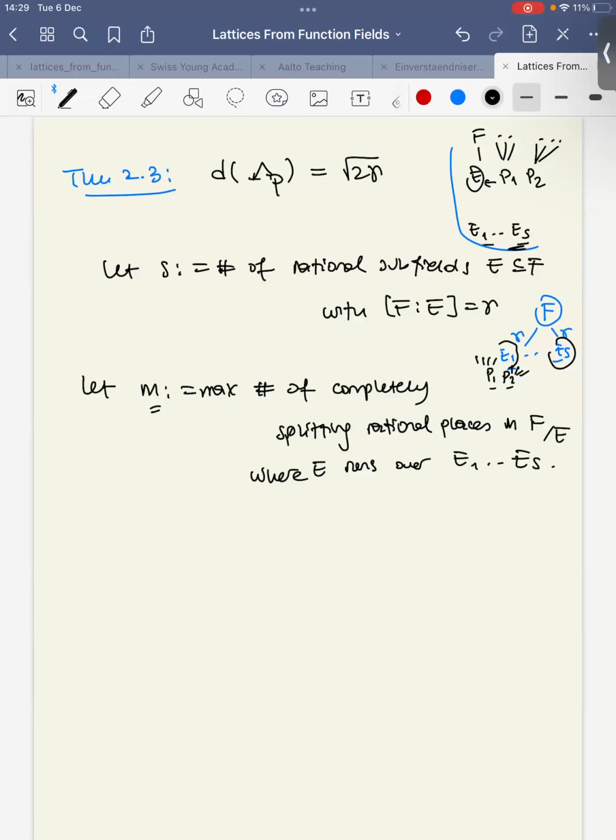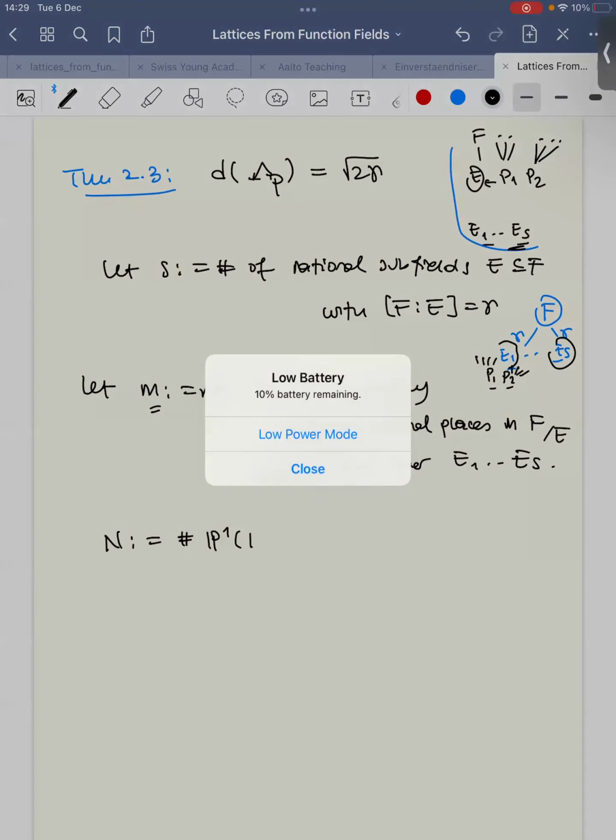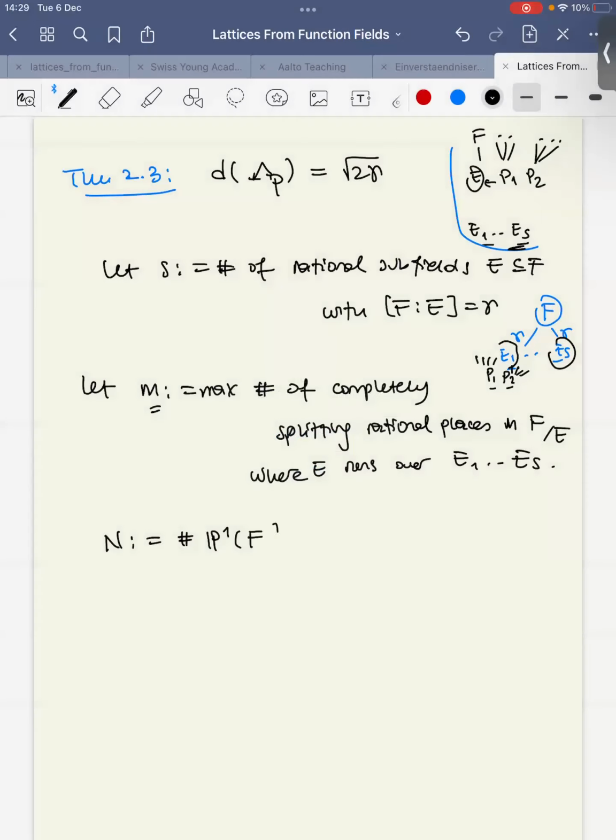And let N denote the number of the rational places of F, and let delta denote the sublattice which is spanned by the set of minimal vectors.